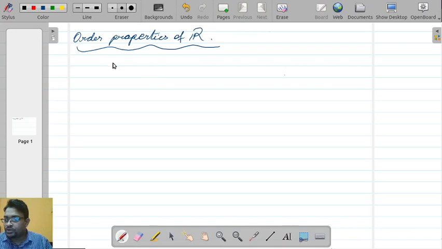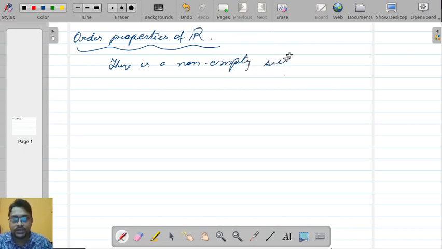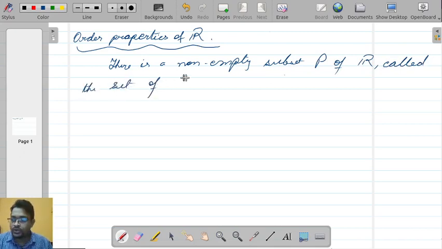So the order properties of R, the statement is this way: there is a non-empty subset P of R, and we call that subset the set of positive real numbers. Okay, positive real numbers.